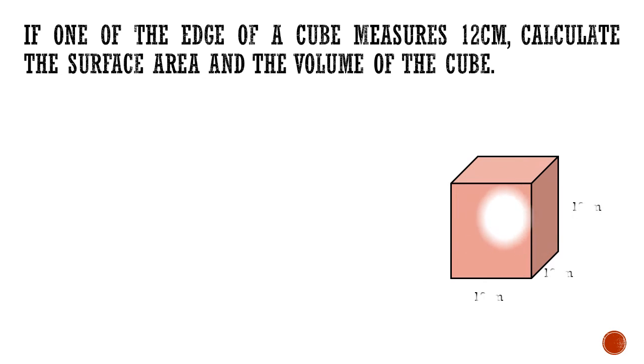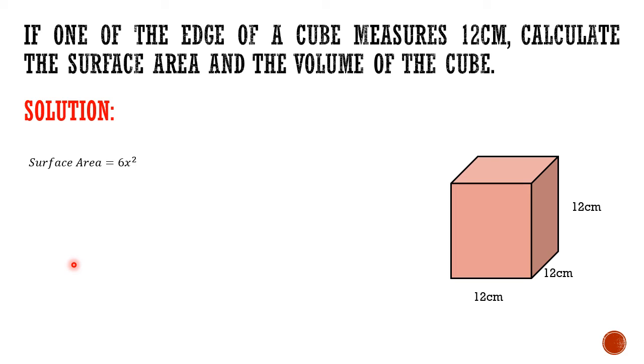So, for illustration, ayan siya. So, the solution for this is that surface area is equal to 6 multiplied by x squared. Kasi alam natin na this one is a face. Ito rin face siya, ito rin face.